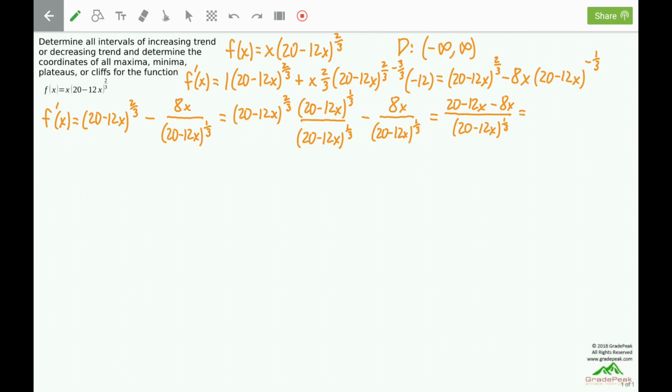We can combine like terms in the numerator. 20 minus 12x minus 8x is 20 minus 20x. And the entire thing is over the 1/3 power, which can be rewritten as the cube root of 20 minus 12x.